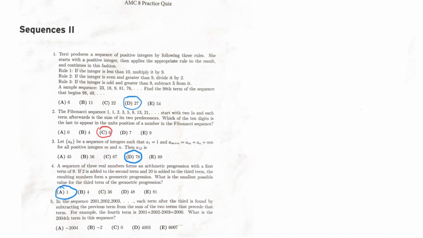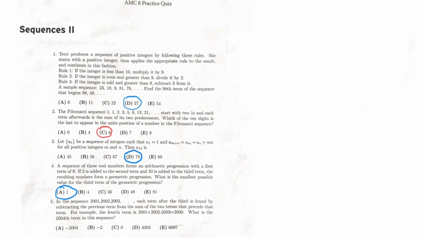Number 5. This is 2004 AMC 10B problem 19. In the sequence 2001, 2002, 2003, each term after the third is found by subtracting the previous term from the sum of the two terms that precede that term.